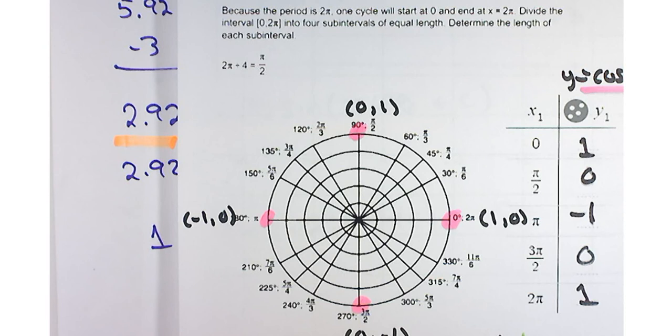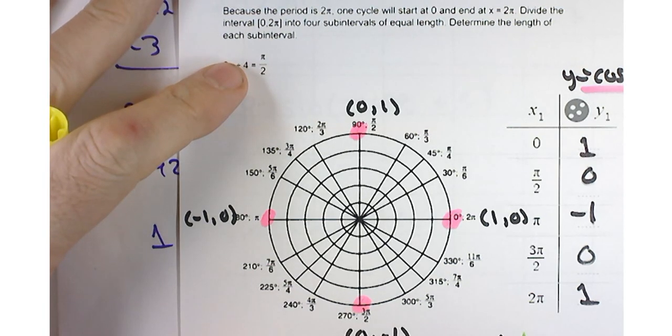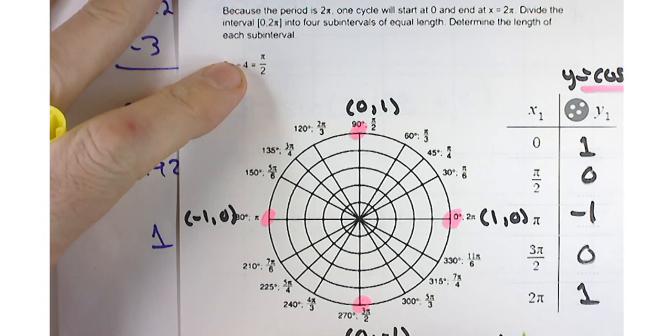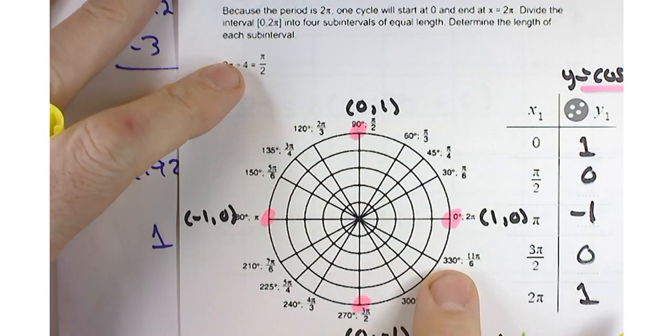Oh, the y coordinate. So where's the y coordinate equal to 1 on the unit circle? What angle in radians? Well, I'm looking for the angle where the y coordinate is 1, and I've got some of the y coordinates written up here.